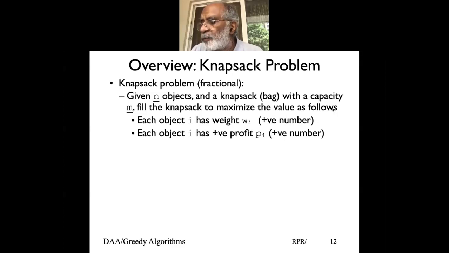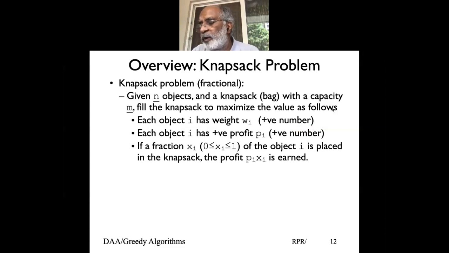Each object has a profit associated with it, and we want to maximize the profit. That means if you choose a fraction, we can choose part of it. If you take a value 0, it means you're not picking that item. If you take a value 1, that means taking the entire item, or we can take a portion of it, such that we would like to maximize our profit.